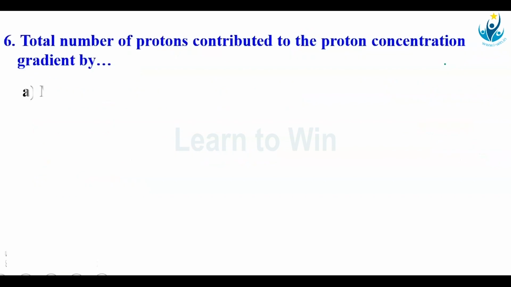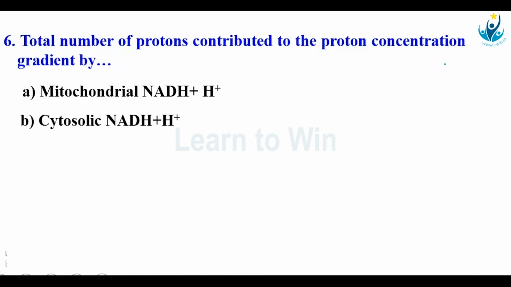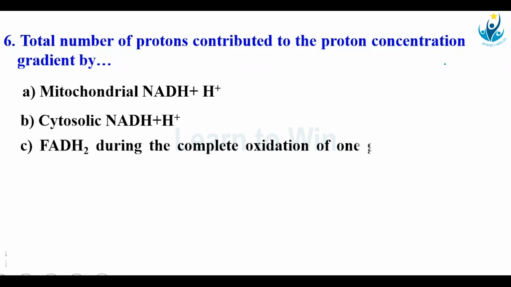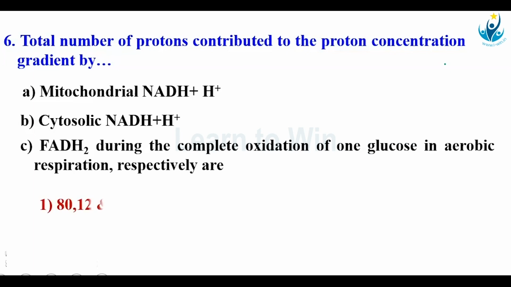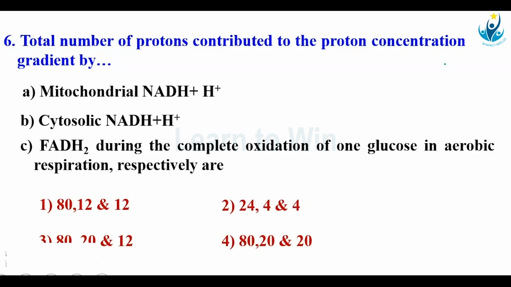Next question. The total number of protons contributed to the proton concentration gradient by mitochondrial NADH, cytosolic NADH, FADH2 during complete oxidation of 1 glucose. This is a question that you can answer here or in the electron transport video. So let us answer.